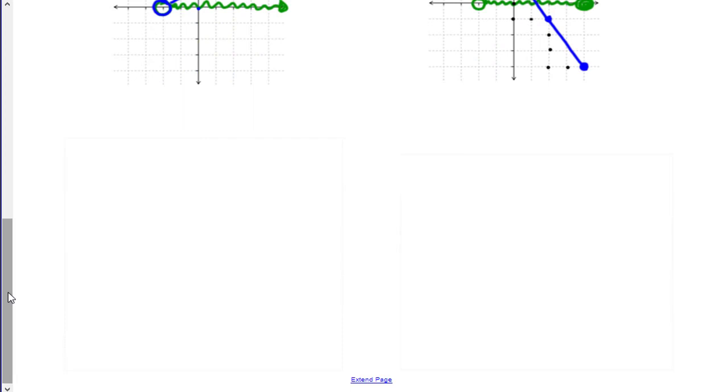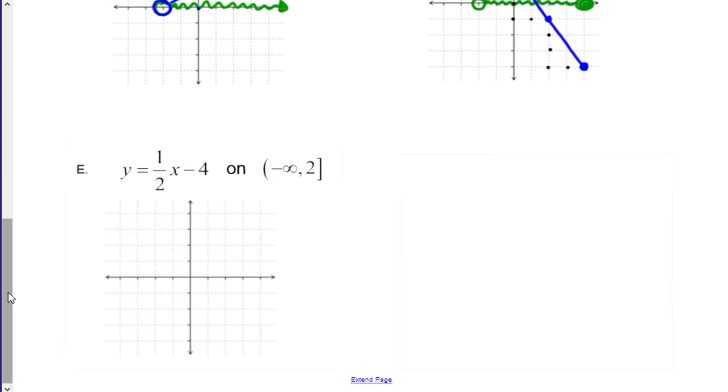And a couple more quick examples here. This time I'm restricting myself from -infinity to positive 2. The 2 is included. All right, now y equals 1/2 x minus 4. So down 4, 1, 2, 3, 4. There's the point right there.